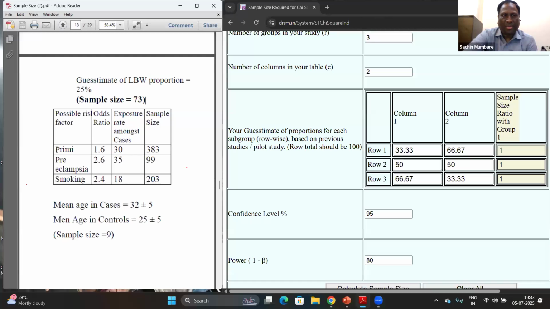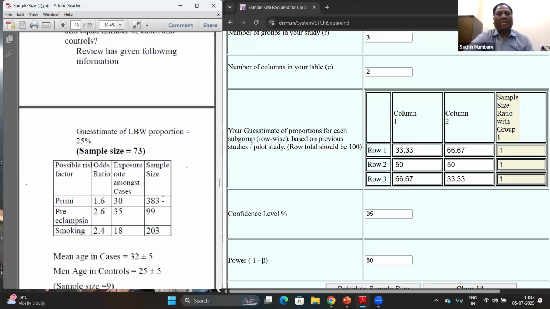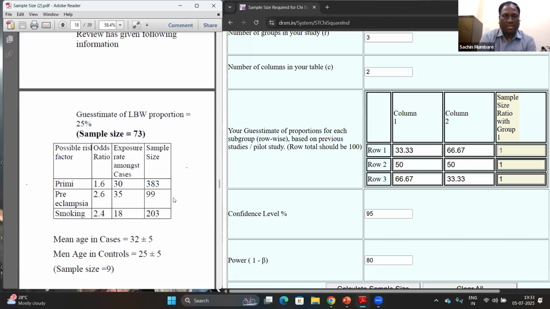And for the 4 possible risk factors, 3 are categorical. That's why the odds ratio is given. 1 is on a ratio scale, or numerical. That's why the mean is given.